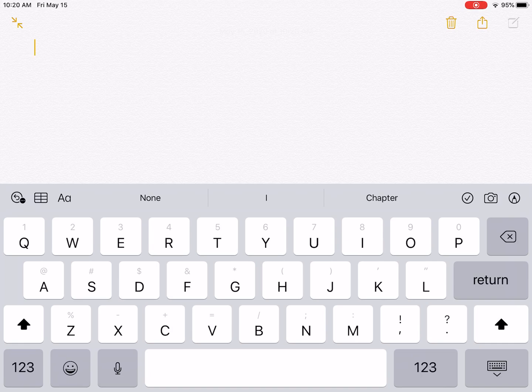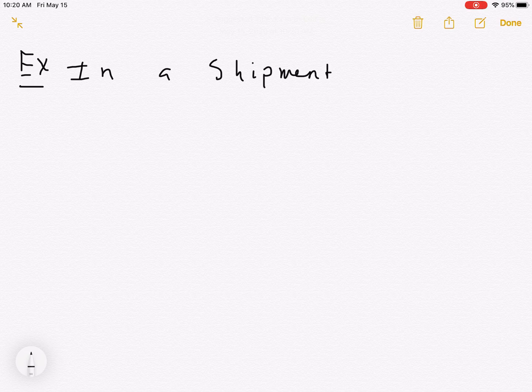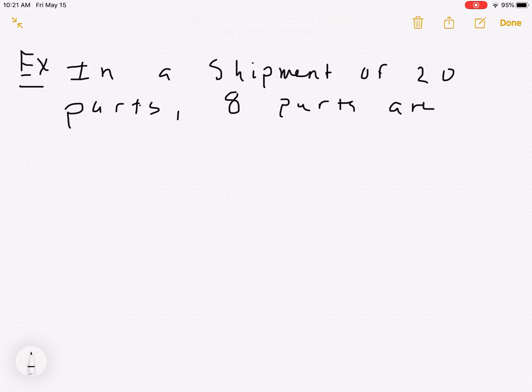One more example of the hypergeometric distribution, and that is: in a shipment of 20 parts, eight parts are actually defective.